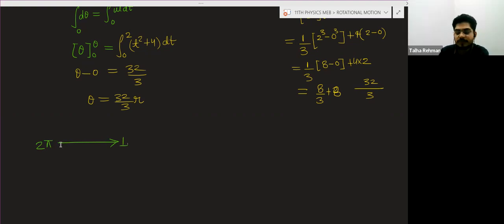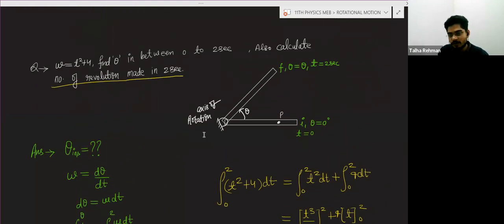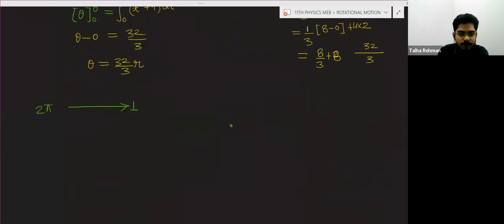So if this rod covers an angle of 360 degrees, or in radian, if this body covers the angular displacement of 2 pi radian, it will make 1 revolution. 2 pi radian means 1 revolution.